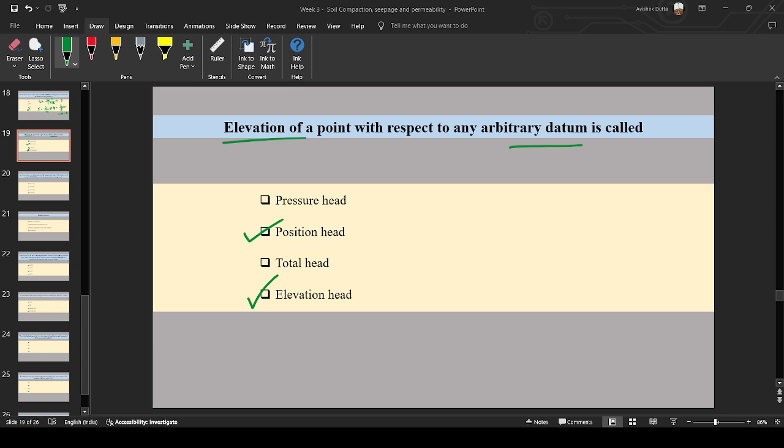On the verge of critical hydraulic gradient, if it goes beyond that, then quicksand condition will be produced. So we have to first find out the critical hydraulic gradient. IC equals G minus 1 by 1 plus E. Again here I have given easy values. 2.7 minus 1 is 1.7, divided by 1 plus 0.7 is 1.7. So the value is 1.